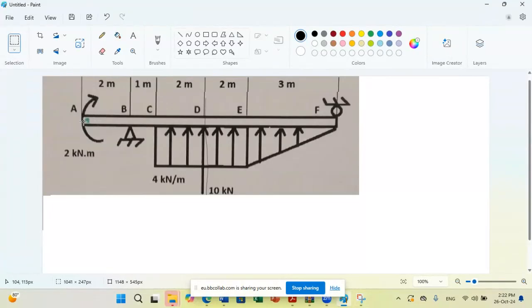Let us start together, and explain the different steps. We start from the beginning at point A. Just before point A, we don't have anything. This means that shear was 0. Now, between A and B, do we have any force, distributed or concentrated? No. This means that at A, what will be the value of shear? 0, exactly.